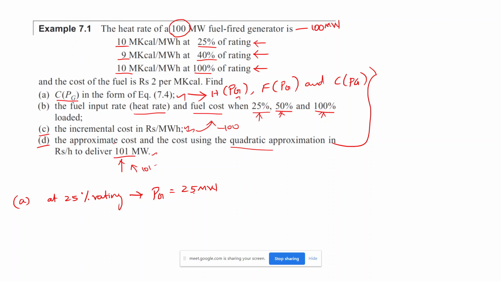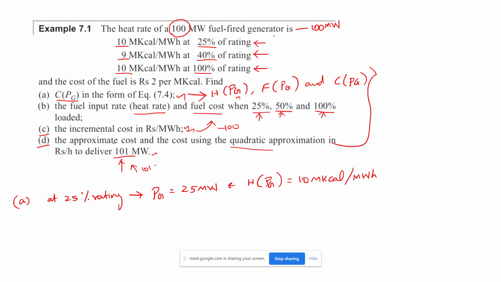So the generator is producing 25 megawatt of power, and its heat H(PG) is nothing but 10 kilocalories per megawatt hour.